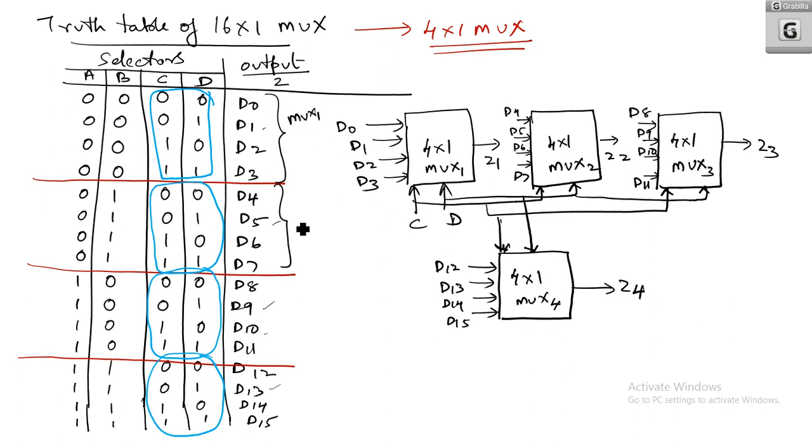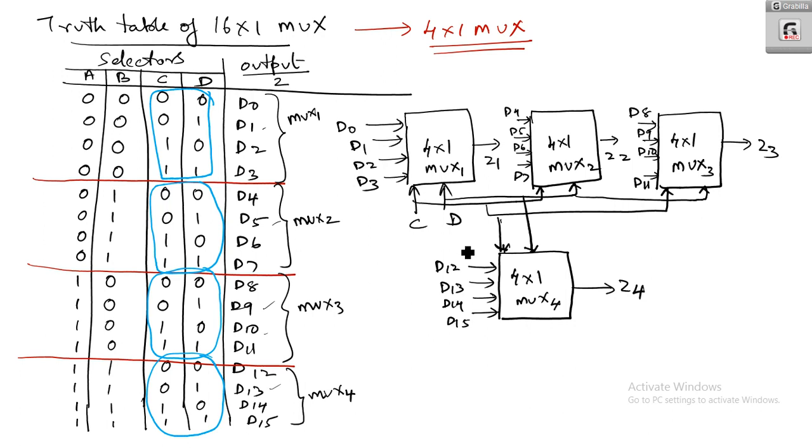These 4 elements come from mux 1, these from mux 2, these from mux 3, and these from mux number 4. So you need to know from which mux which output is coming. At a time each mux has only one output.